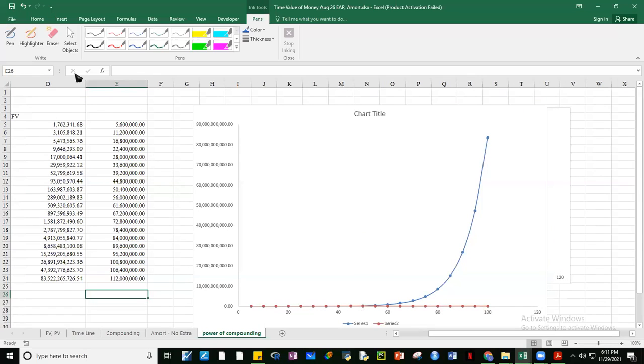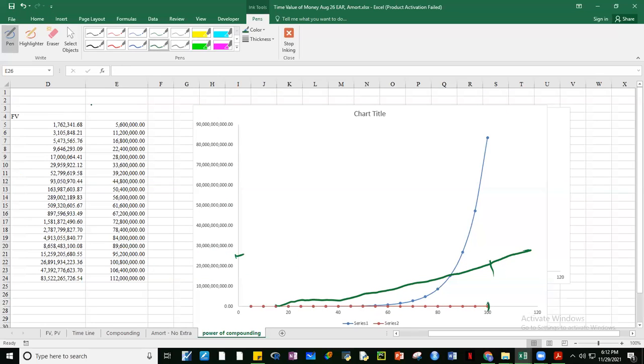It's not as if, if we increase the time, the future value, the compounded value, does not go this way. So it's not aligned, guys. When we go to 100 years here, if we were using a line, the value would only be here around 20 plus million.